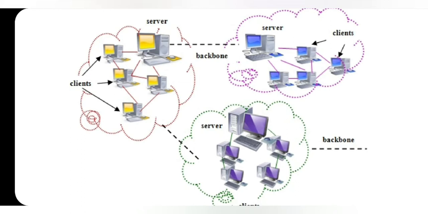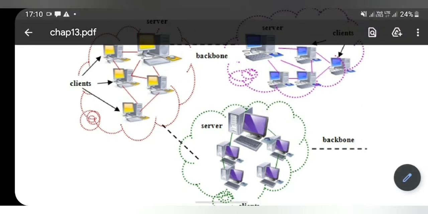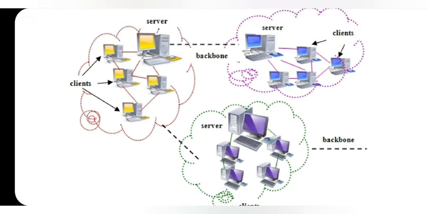And here you see the server computer and the clients' computers. A server computer is the computer that has all the facilities, and those facilities are shared among the client computers. The client computers don't have any facility. All the features are in the server computer, and they are shared among the clients. You can see this is the internet.